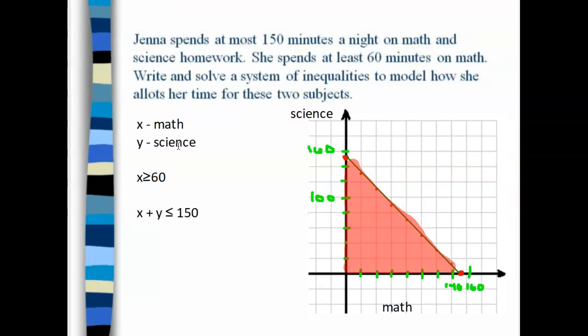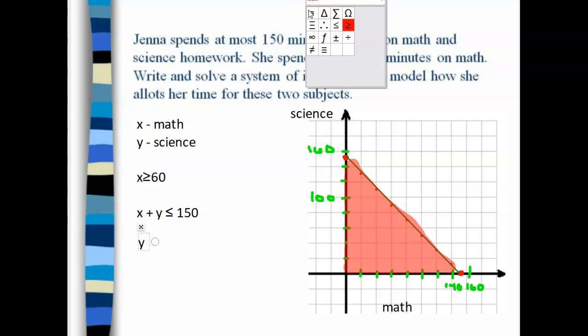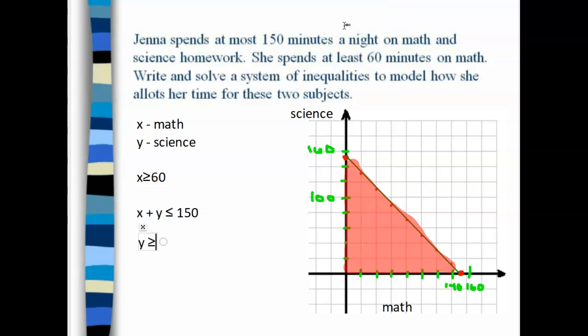So technically, there's 2 more bounds on this problem. There's the bound that she has to spend at, well, we know she has to spend at least 60. And for science, she can't spend less than 0.